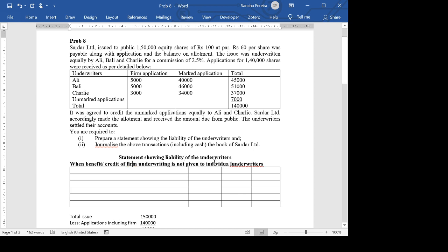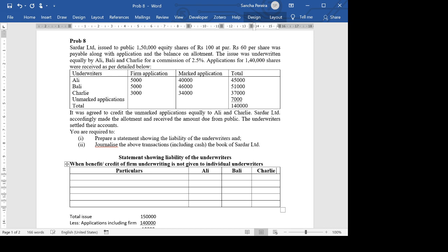Okay, so we're solving under that case. So we have particulars, the three underwriters. We start with the gross liability.